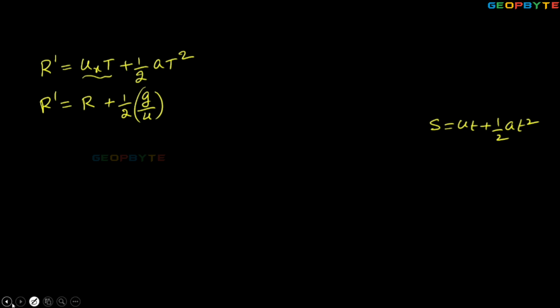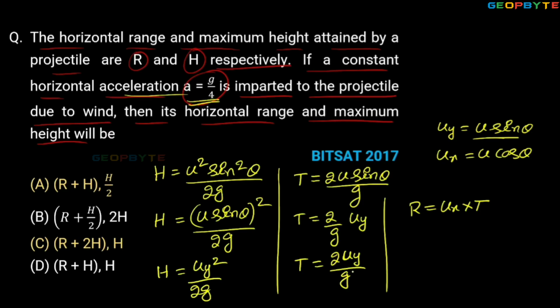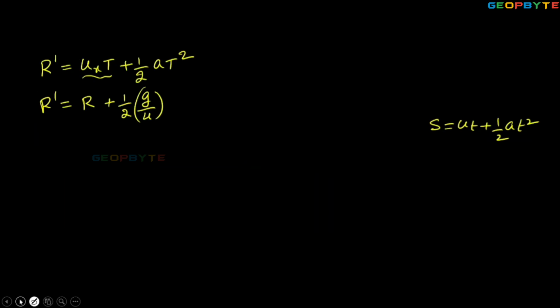Look at the t value, 2uy by g. Then t square equal to 4uy square by g square. Simplify it.